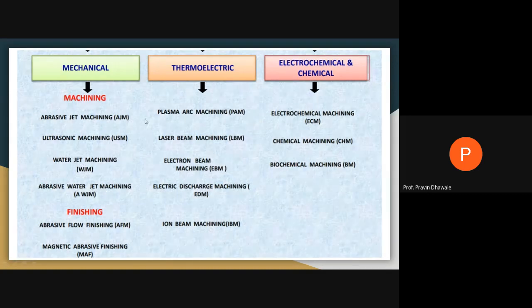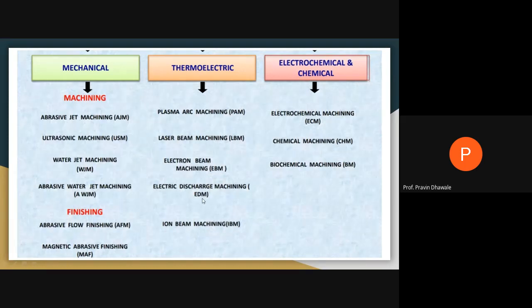If you are considering the combined effect, thermoelectric machining, then the non-conventional machining processes come under the category of thermoelectric machining. It will be plasma arc machining, laser beam machining, electron beam machining, electric discharge machining, and ion beam machining.